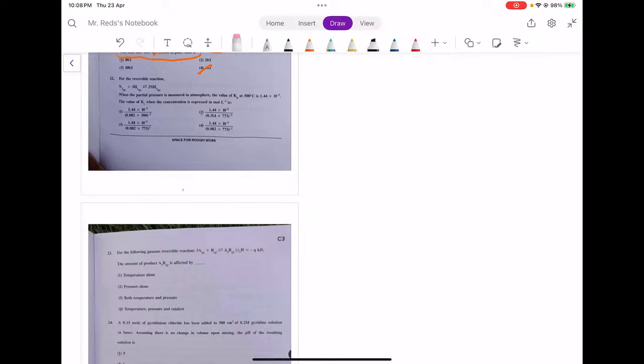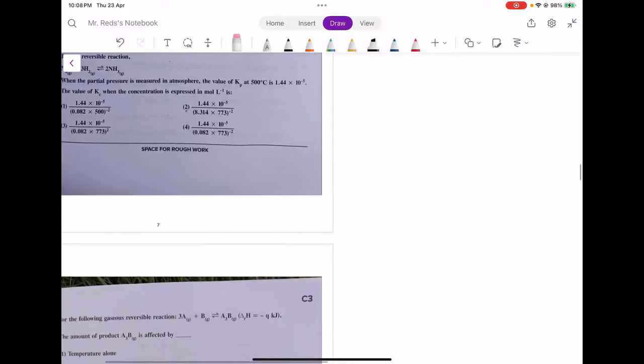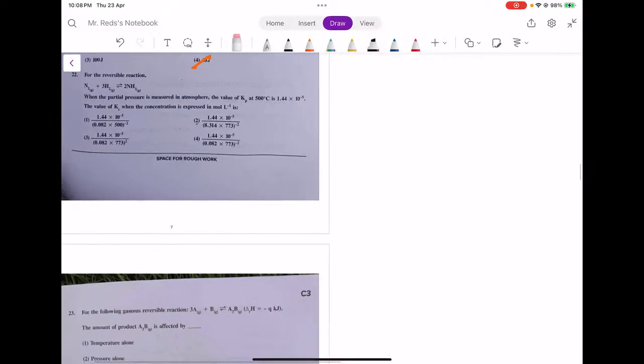For the reversible process N2 plus 3H2 gives rise to NH3, when the partial pressure is measured in atmosphere, the value of Kp at 500 degrees centigrade is 1.44 into 10 power minus 5. The value of Kc when the concentration is expressed in mole per liter is asked. First you have to know the relation between Kc and Kp.